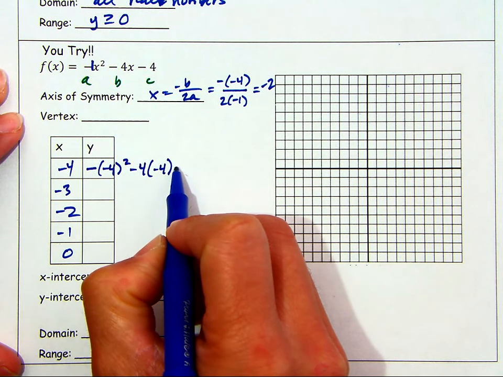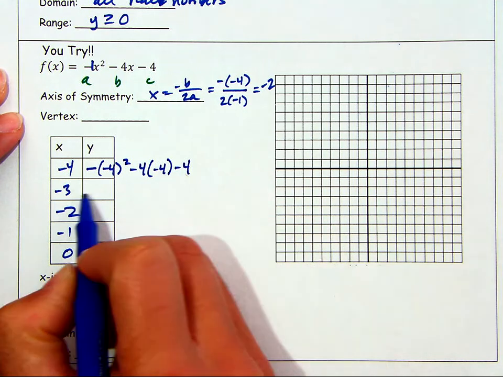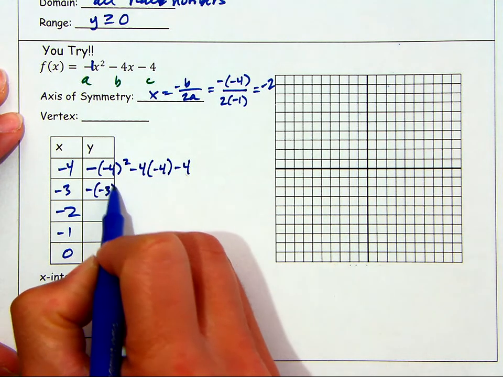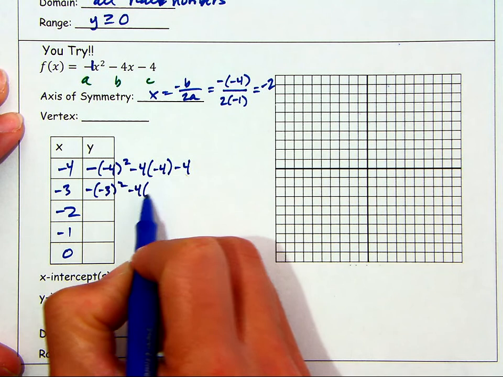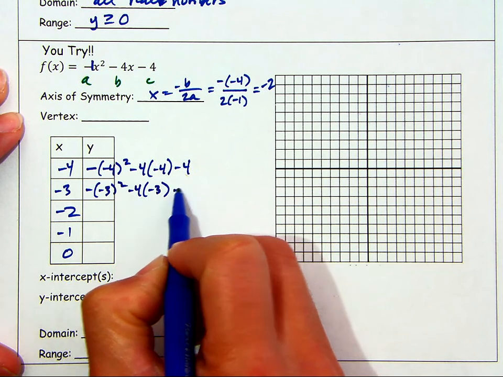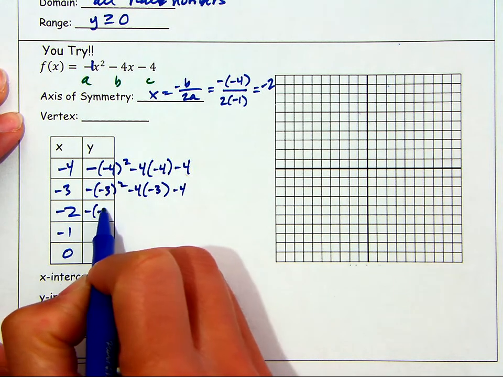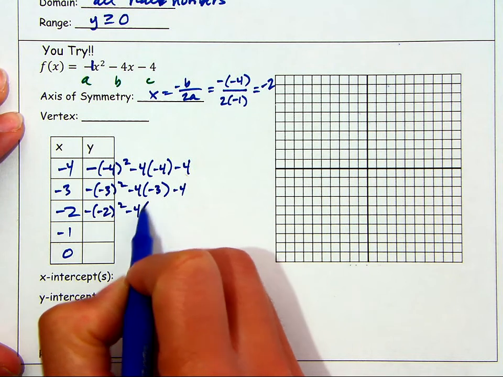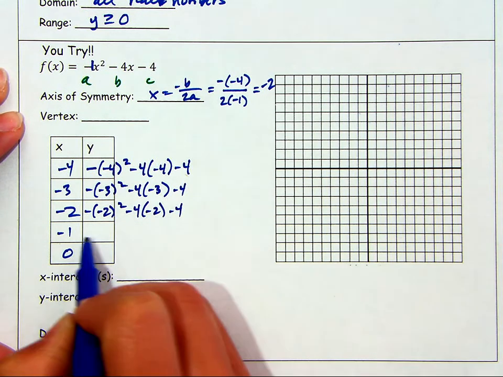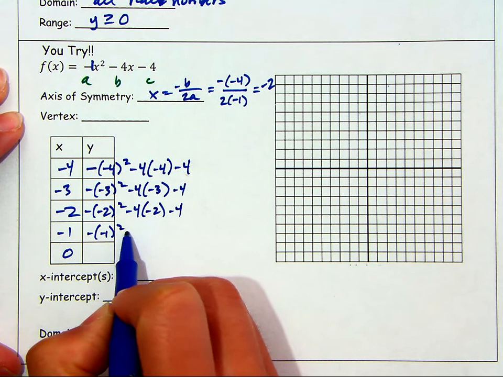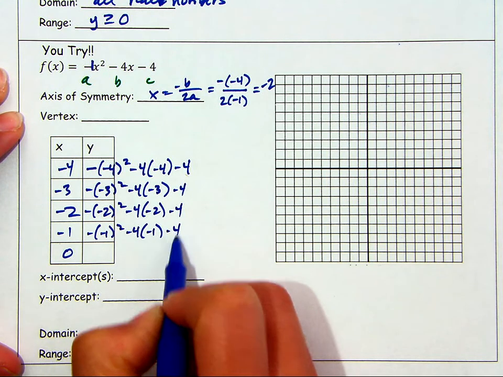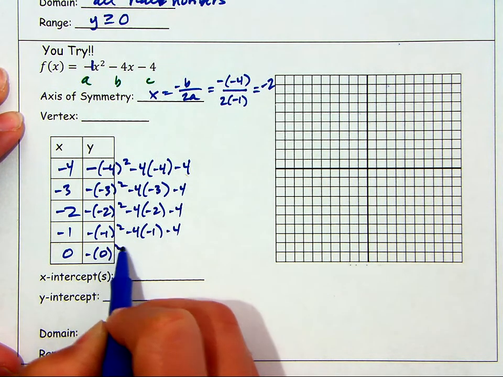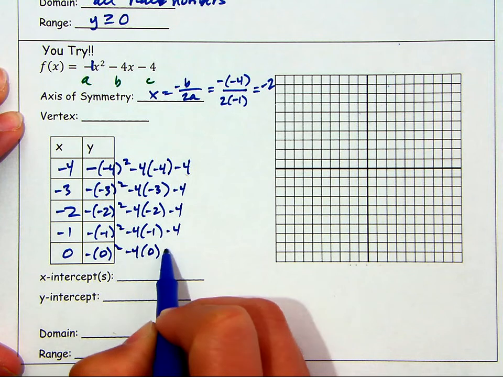The negative of negative 3 squared minus 4 times negative 3 minus 4. The negative of negative 2 squared minus 4 times negative 2 minus 4. Negative 1 squared, minus 4 times negative 1, minus 4. 0 squared, minus 4 times 0, minus 4. All right, that's a lot of math to do.